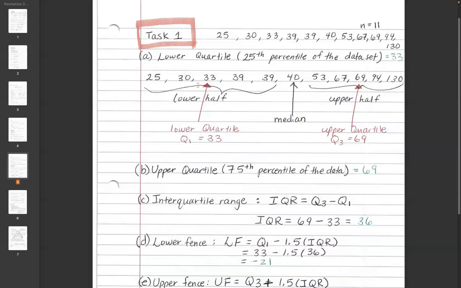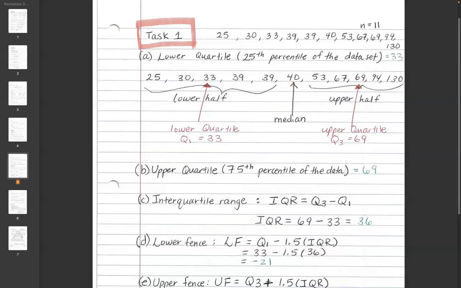Here, below the median is the lower half of our data set, and here we have the upper half of our data set. How I like to think of it, the lower quartile is the median of the lower half of the data set, and the upper quartile is the median of the upper half.